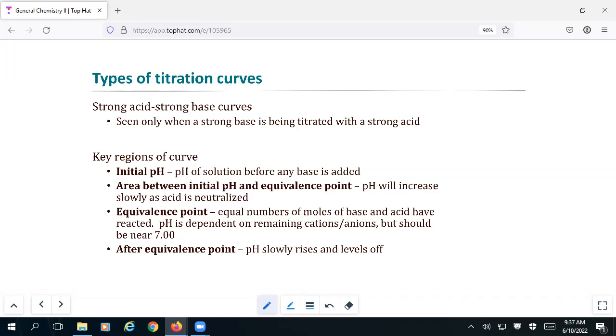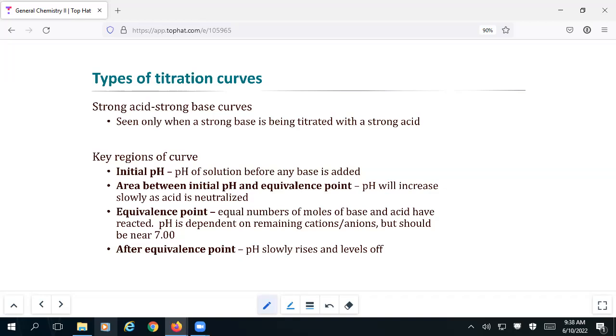Now, when we talk about titration curves, there are going to be four key areas that we always look at. We want to look at the initial pH. So for a strong acid curve, we're going to see that the starting pH is very low.